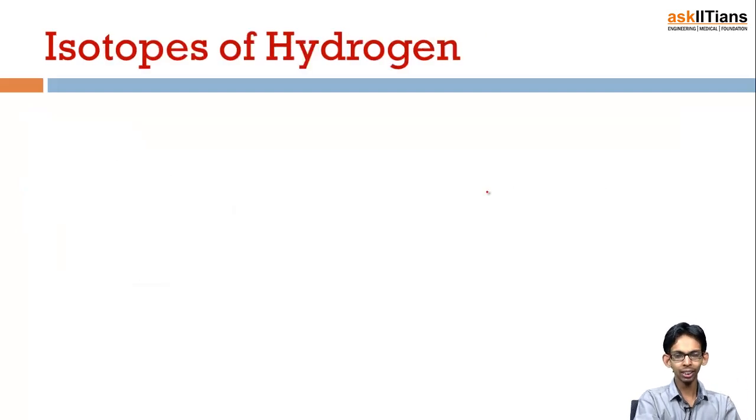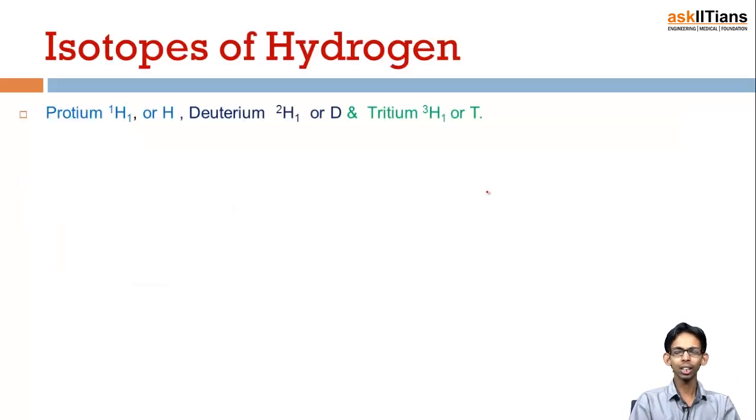Now the next point is isotopes of hydrogen. We know what isotopes are: isotopes are atoms of the same element which have the same atomic number but different atomic masses because of a different number of neutrons. There are 3 isotopes of hydrogen: protium, H1, with 1 electron and 1 proton only.